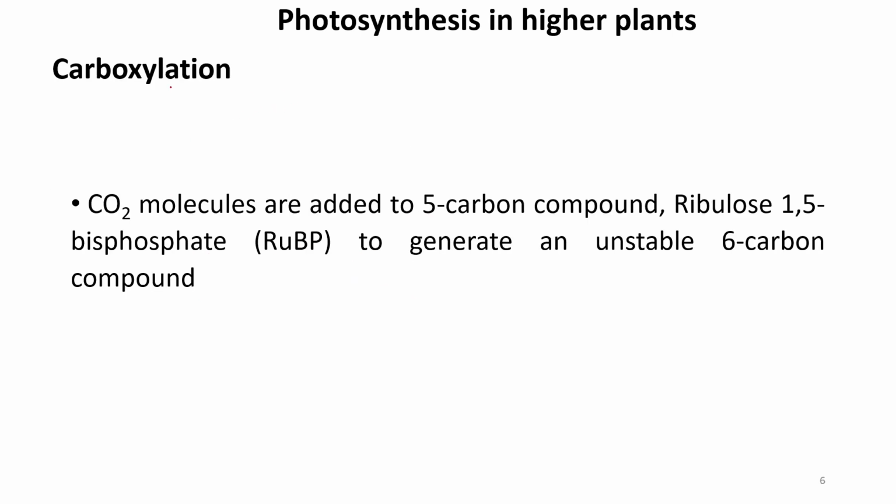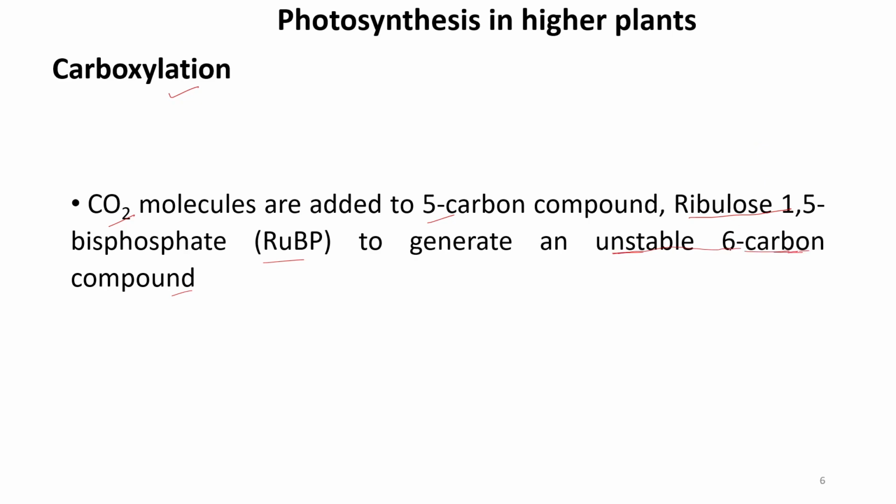Now let's talk about the first phase, the carboxylation phase. Here the carbon dioxide molecules are added to a 5-carbon compound RuBP to generate an unstable 6-carbon compound. So initially an unstable 6-carbon compound is formed, which you have to remember.